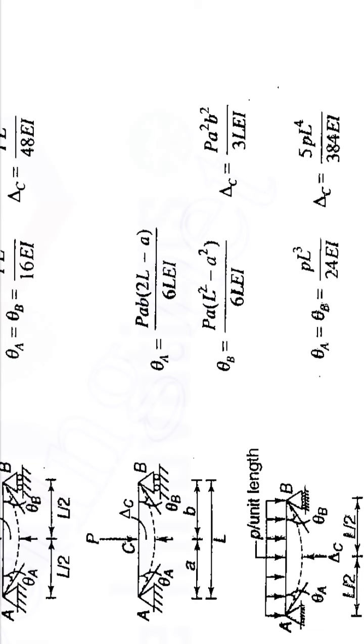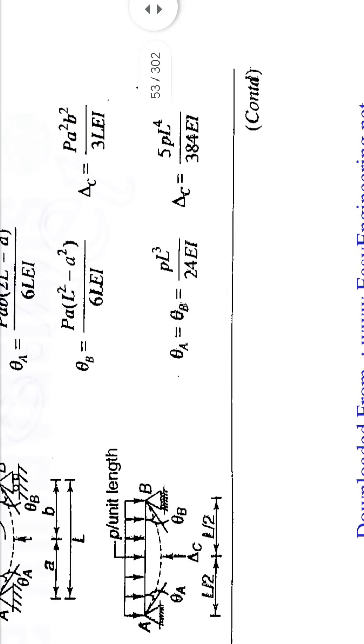This is the slope at A. Next, theta b is Pa into (L square minus a square) by 6L into EI, whereas delta c is P into a square b square by 3EI L. Next, if it is a uniformly distributed load, then theta a and theta b values are PL cube by 24EI and delta c is 5 PL power 4 by 384 EI.